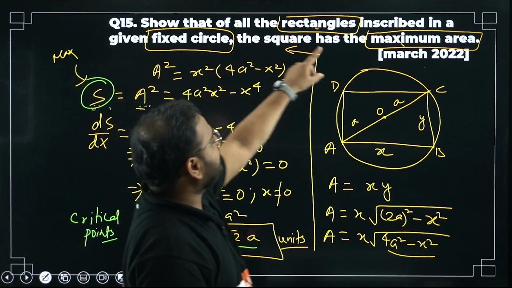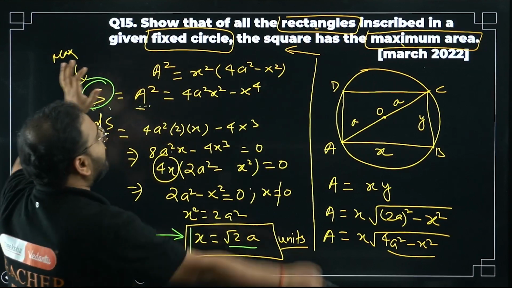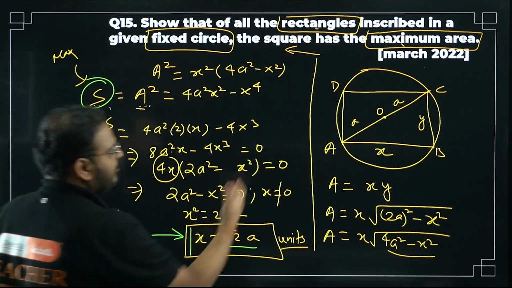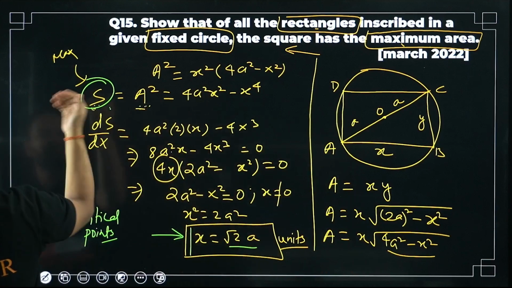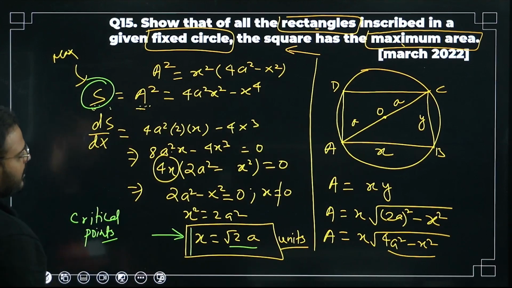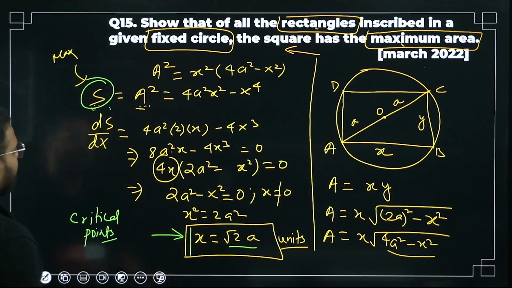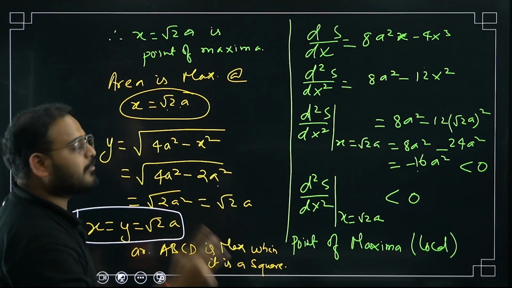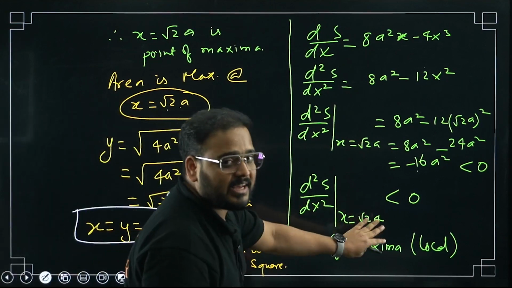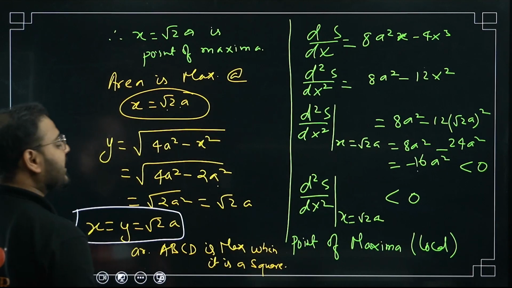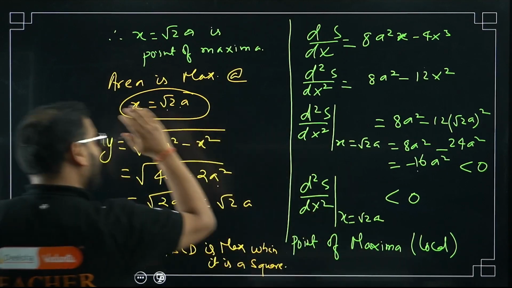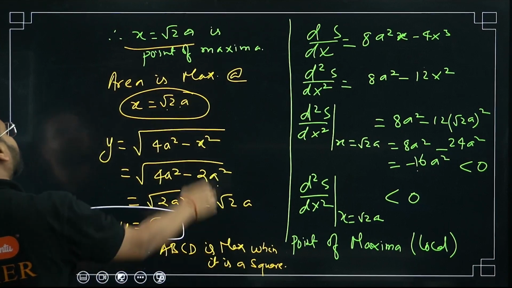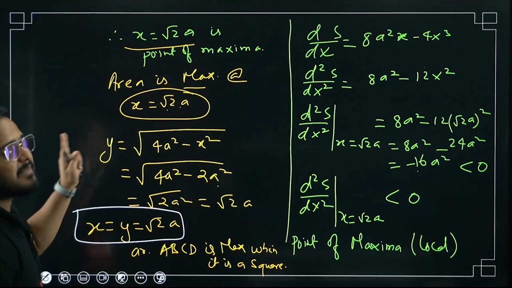So all rectangles inscribed in a circle have the maximum area when it is a square. Check here, we took the area, we maximized it using the letter S, and we got the critical point as root 2a. We checked for maxima with the second order derivative test, and we got it to be negative. It means the point x equals root 2a is the point of maxima, hence the area is maximum at this point.